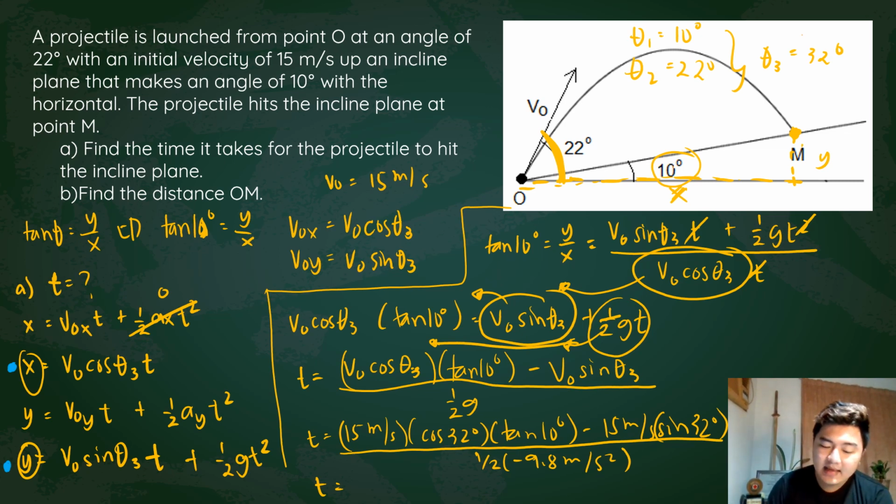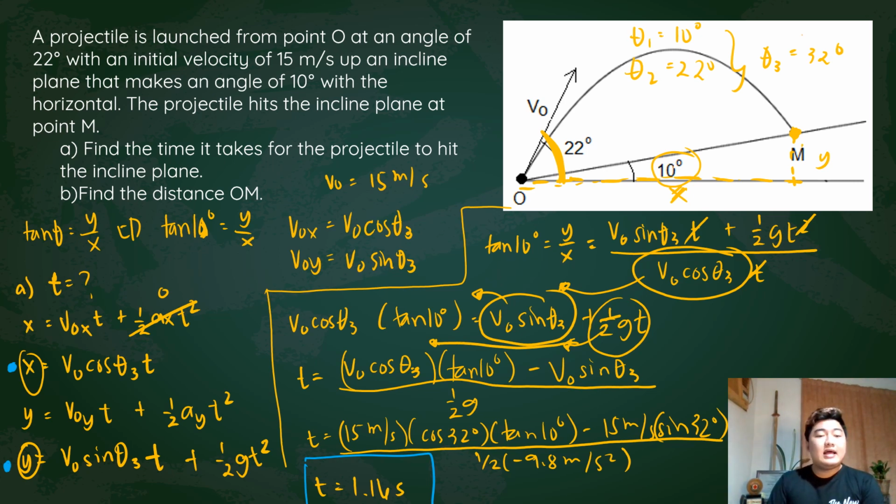So the time is 1.16 seconds. So the time that it takes for the object from point O to hit point M is 1.16 seconds.